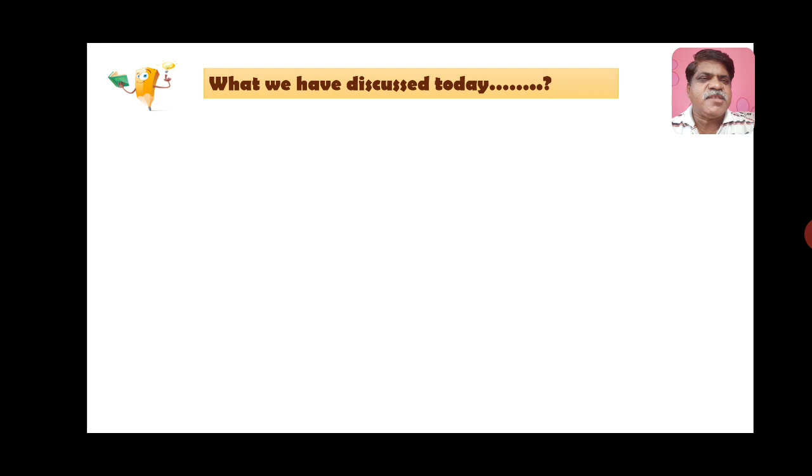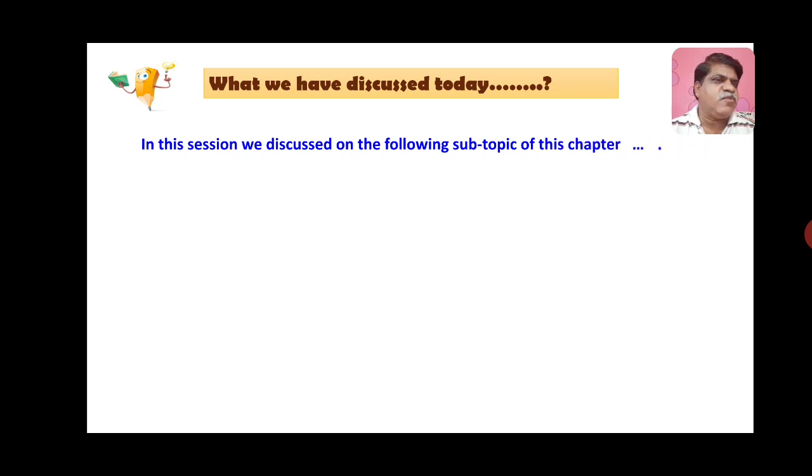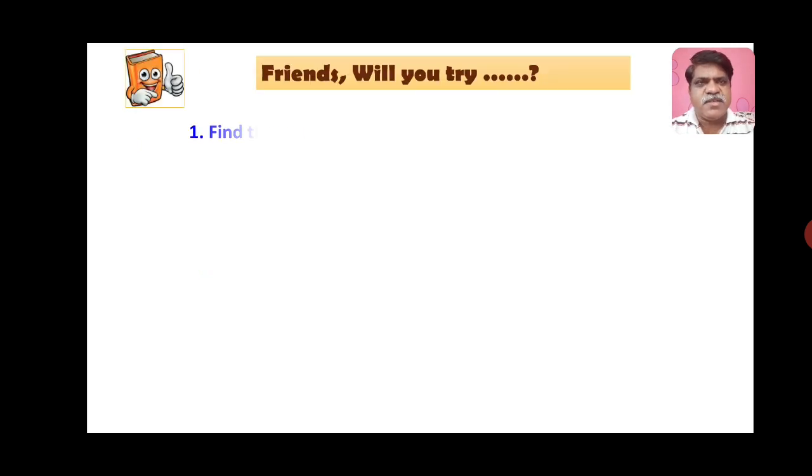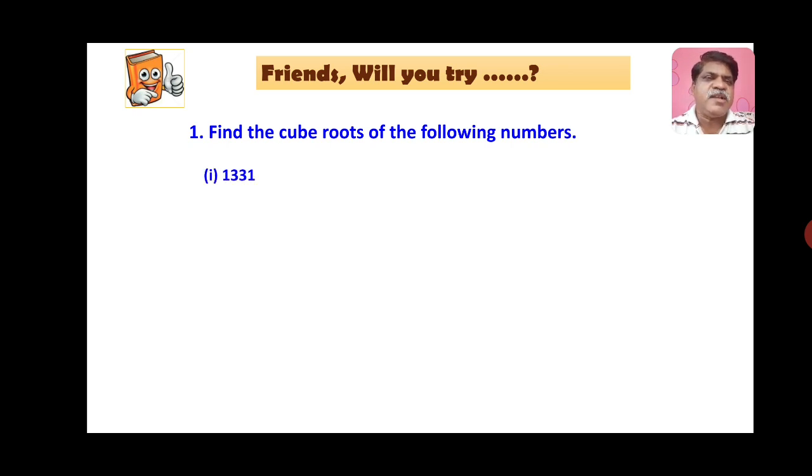So what we have discussed today is that in this session we discussed the following subtopics of this chapter: cube, then cube of rational numbers, cube root, steps to find the cube root of a given number, and problems based on this content. You may try these problems, friends. First, find the cube roots of the following numbers. First is 1331, second is 3375, third is minus 13824, fourth is 125000, and fifth one is minus 9261.